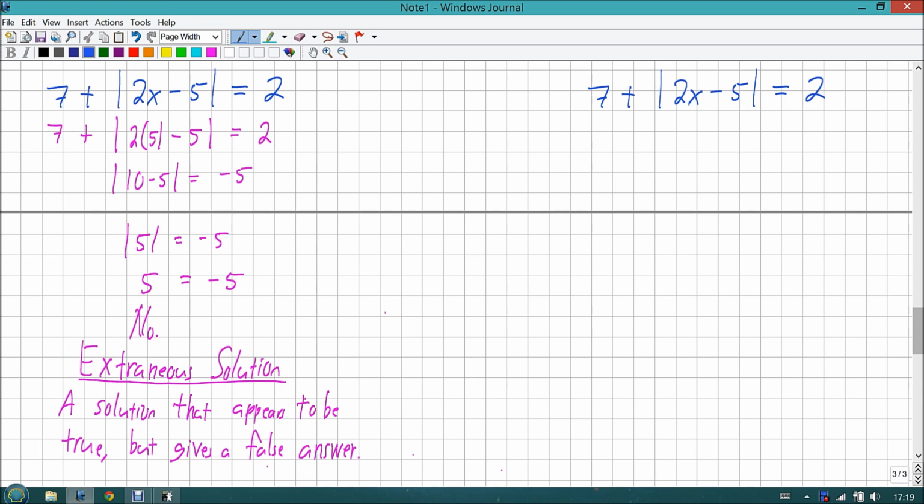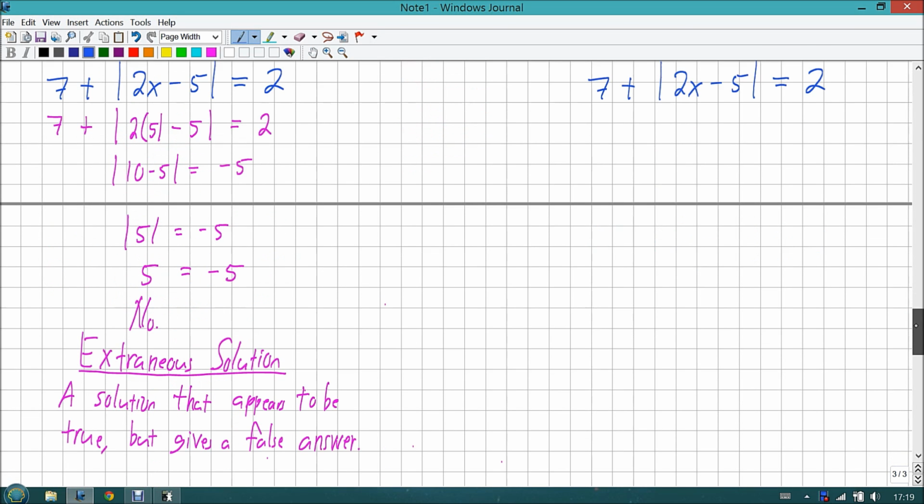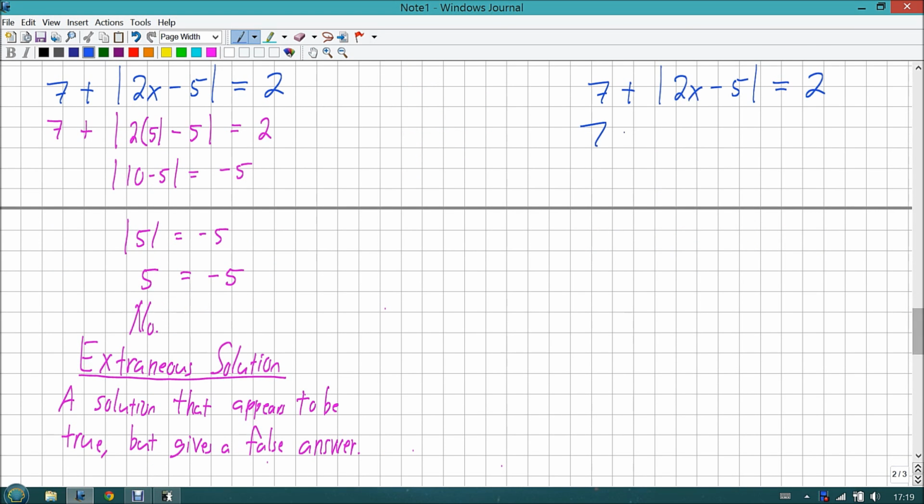Let's try it on the other side. See if the other number, 0, is also an extraneous solution. So we've got 7 plus the absolute value of 2 times 0 minus 5 is equal to 2.